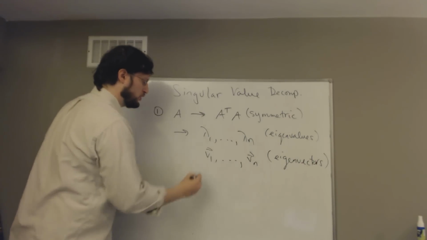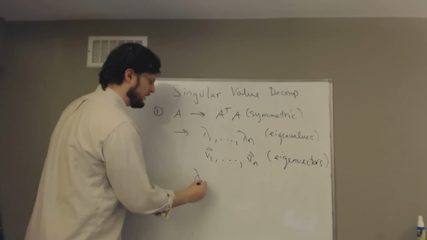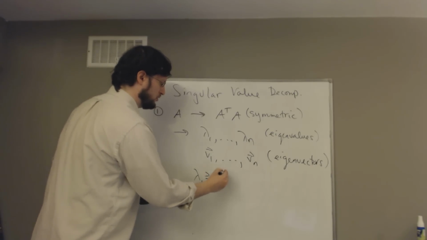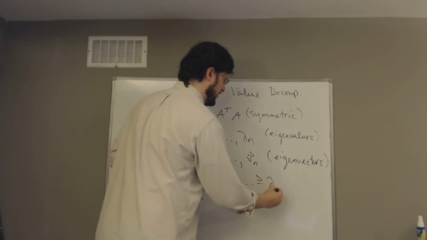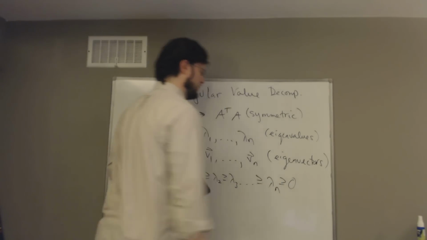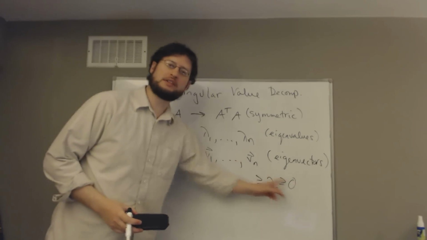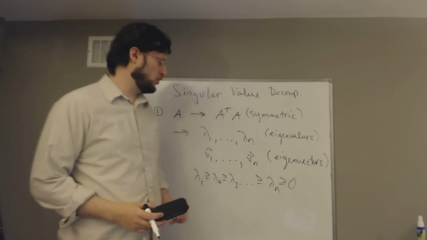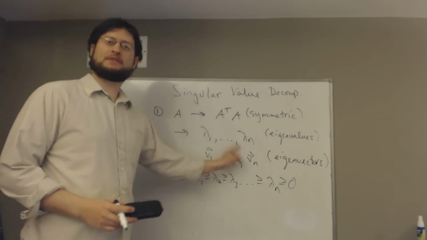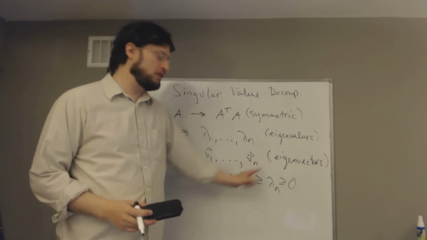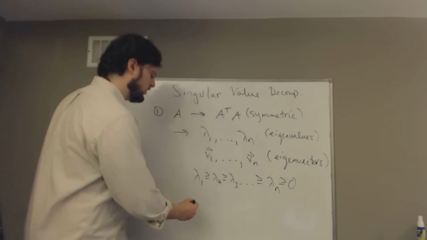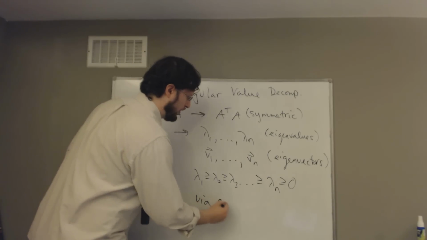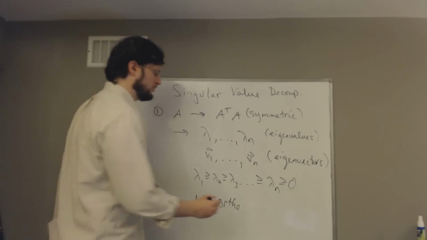And then we're going to put these in order where lambda 1 is bigger than or equal to lambda 2, is bigger than or equal to lambda 3, is bigger than or equal to lambda n, which we know is bigger than or equal to 0. All of these things are non-negative, and we're going to put them in decreasing order. And then we may have to rearrange our eigenvectors as well, so that the eigenvectors match up with the eigenvalues. This is all via our orthogonal diagonalization process that we've talked about.